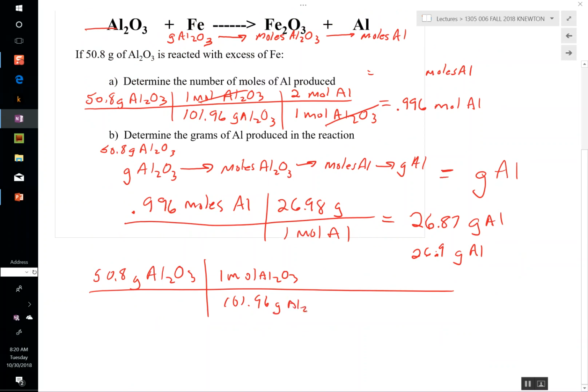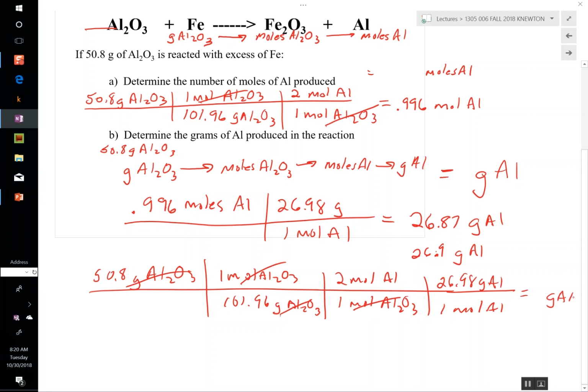You get 2 moles of aluminum for every 1 mole of aluminum oxide, and then you multiply by 26.98 grams of aluminum per mole of aluminum, and you get grams of aluminum. If you compare this to that up there, all the way over to here, it's the same problem. And if you did that calculation, you should get a number like 26.9.